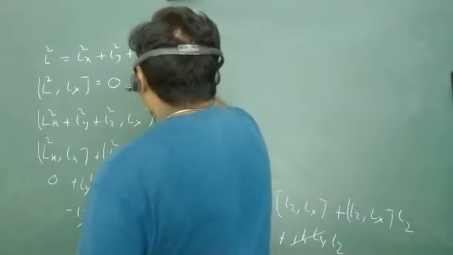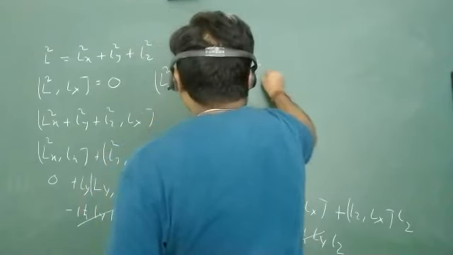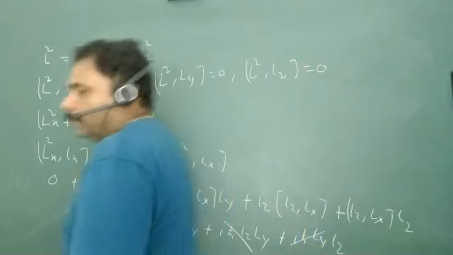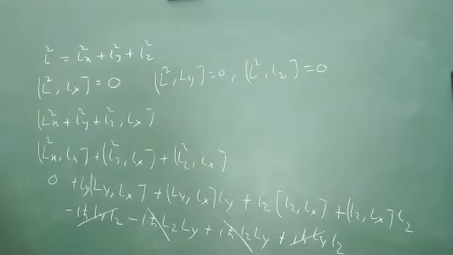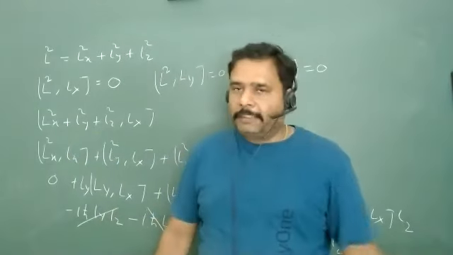L square Ly is going to commute. L square Lz is going to commute. So here you have all three commutations, and we have very good news that at least I can have L square and all the directions measured simultaneously.